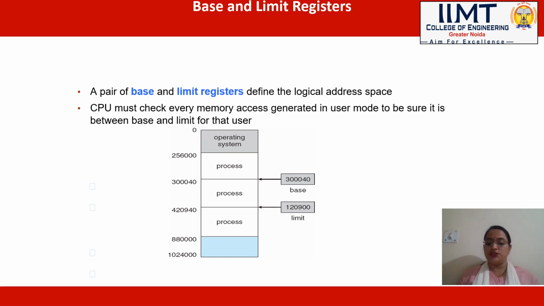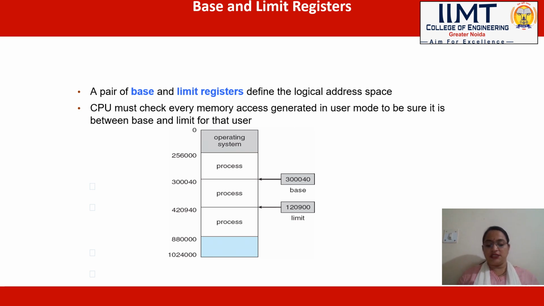They are commonly used in modern operating systems and virtual machines to provide a secure and isolated execution environment for programs. For example, in this diagram, the base register value is 30040 and the limit register is 12900.